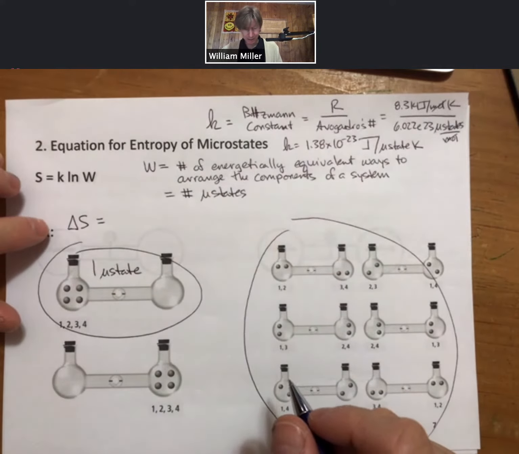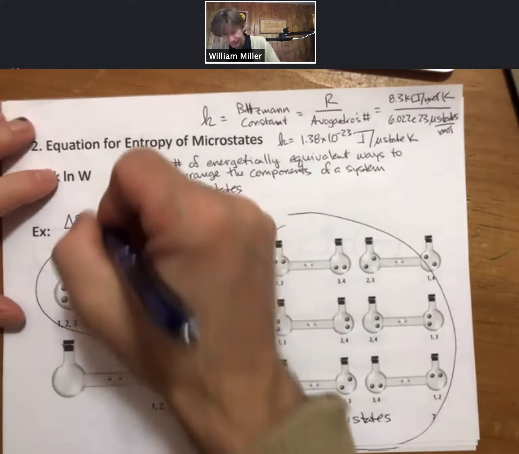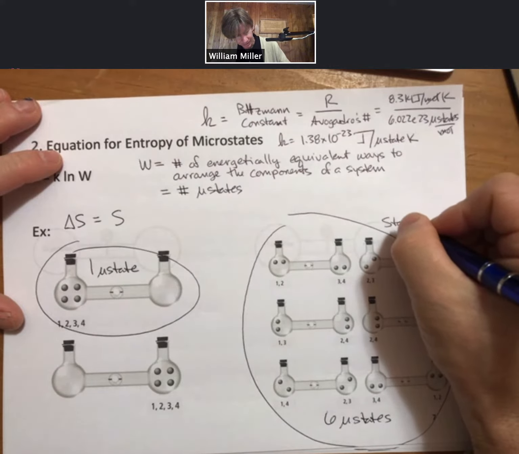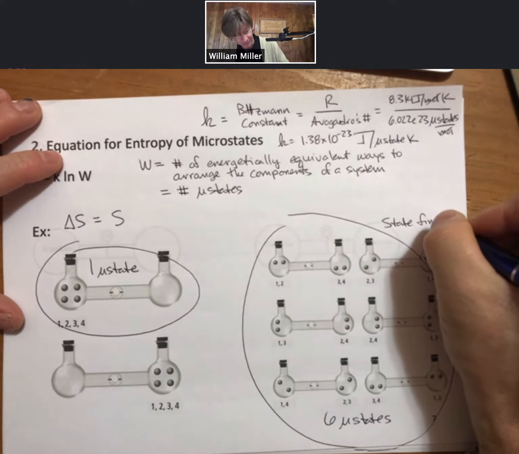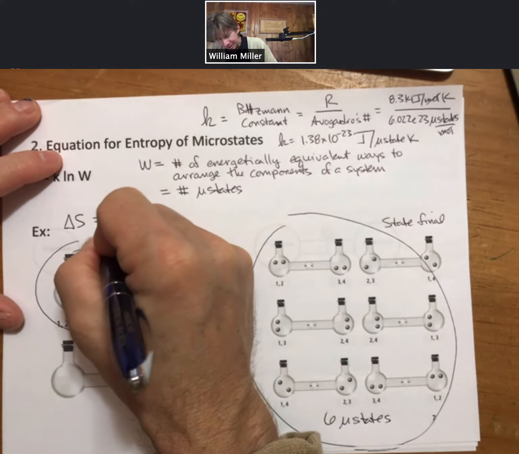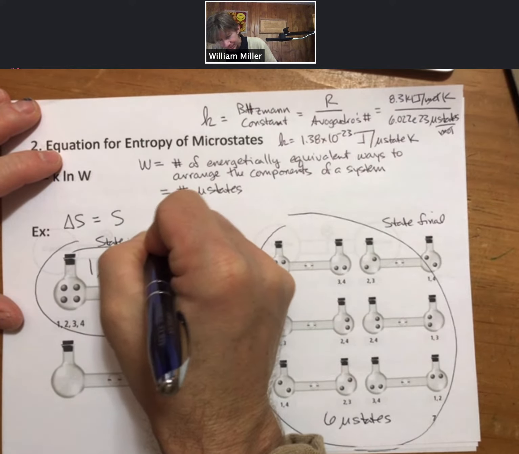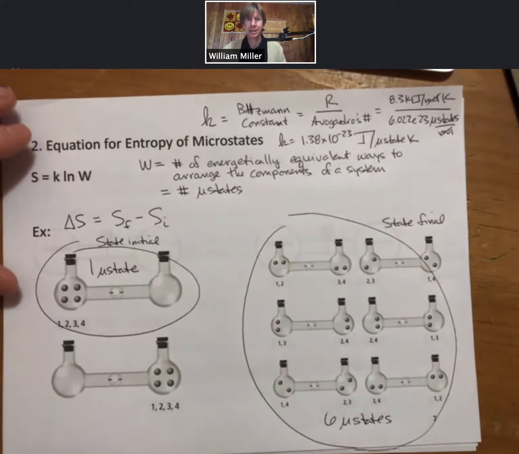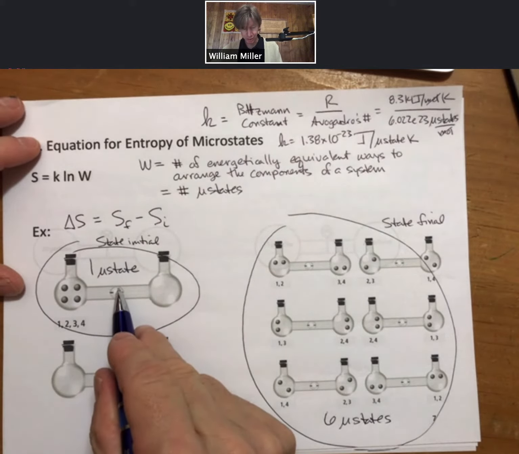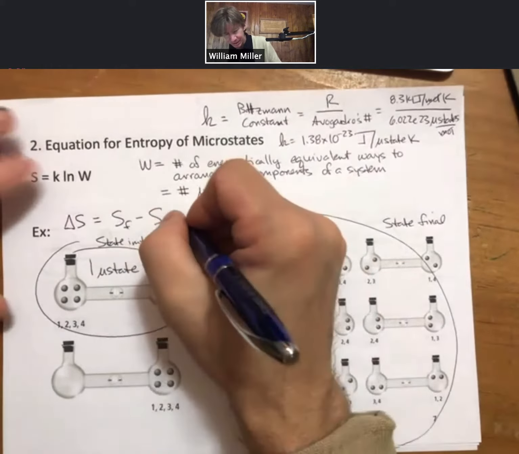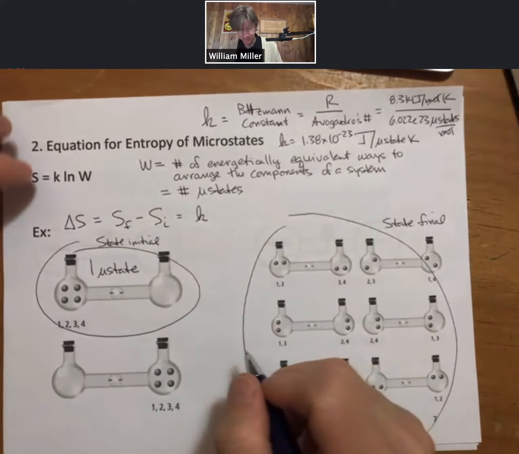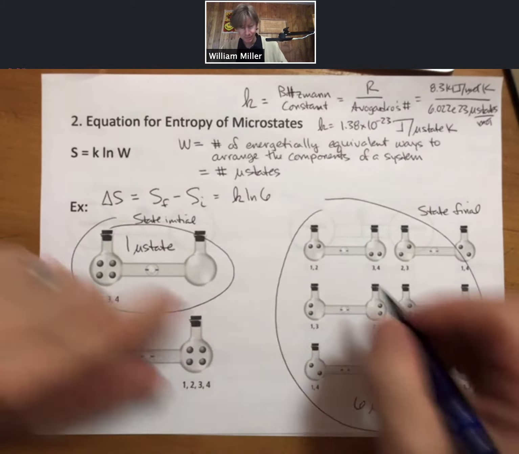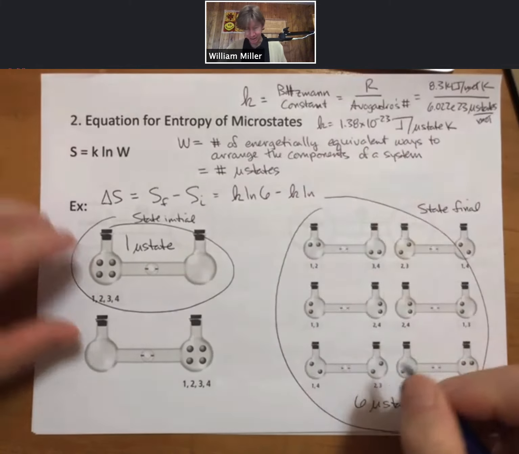Let's call this state initial, and this one final. So delta S is final minus initial, to see the entropy change in going from here to here. It's going to equal k ln 6, because there are 6 microstates, minus k ln 1.